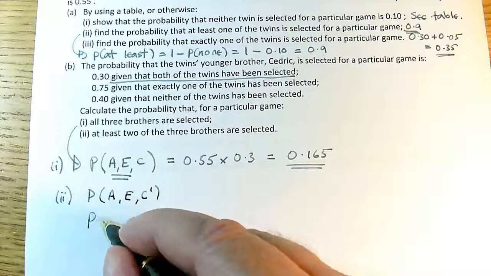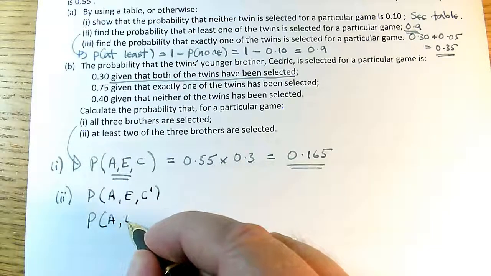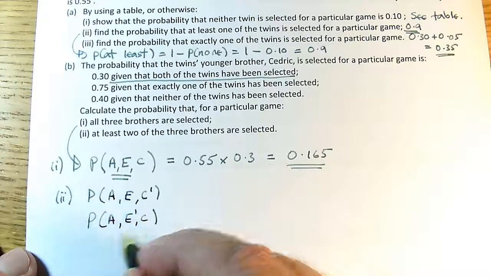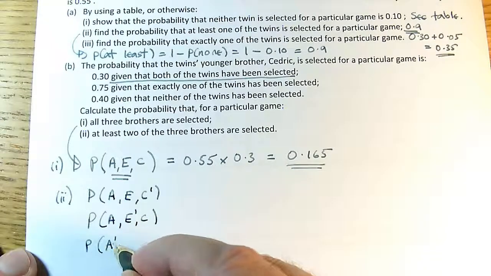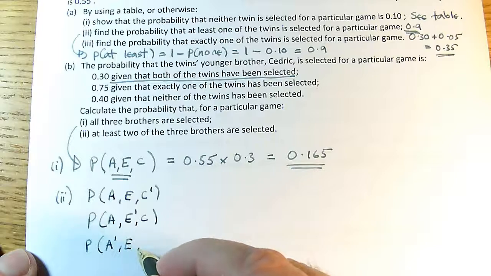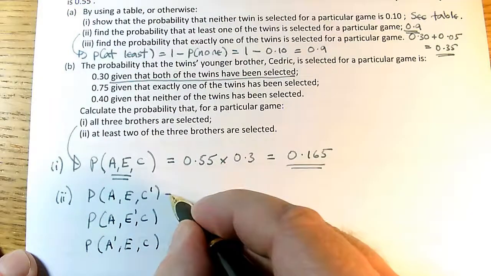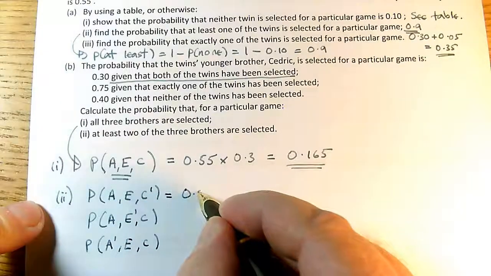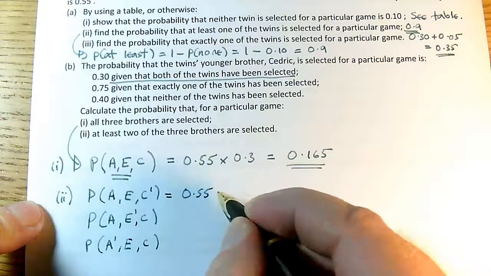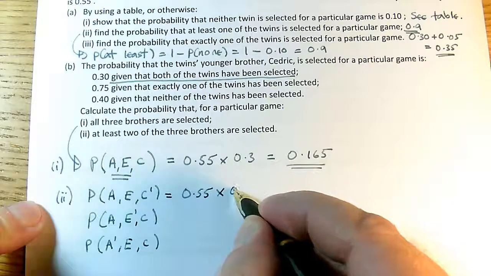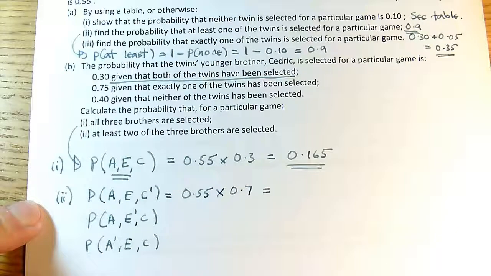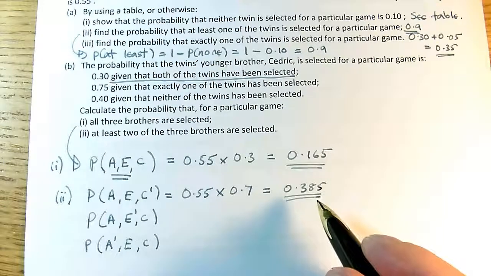Or I could have Alec but not Eric, but Cedric does play. Or it could be Alec doesn't play and Eric plays and Cedric plays. Well, for the first one, it's like the one I did earlier. Alec and Eric both have to play, but this time Cedric doesn't play, so I need to multiply by 0.7. So that gives me a probability of 0.385, I make that one.